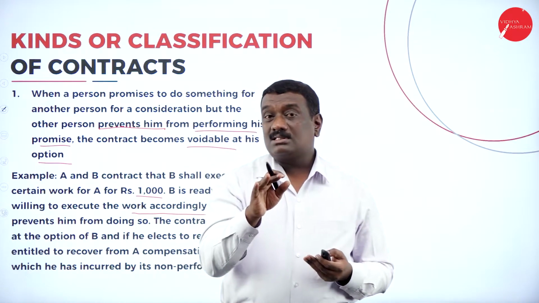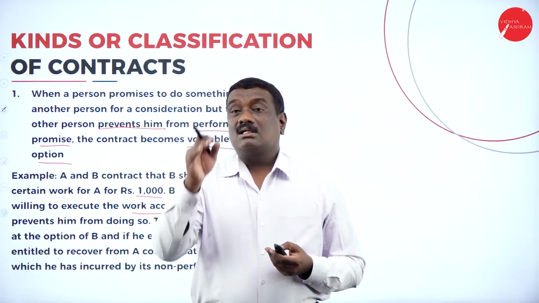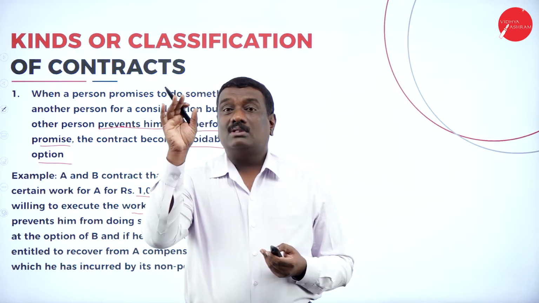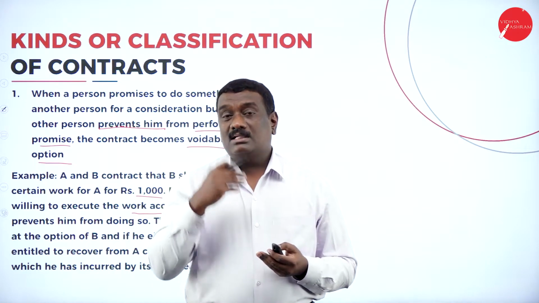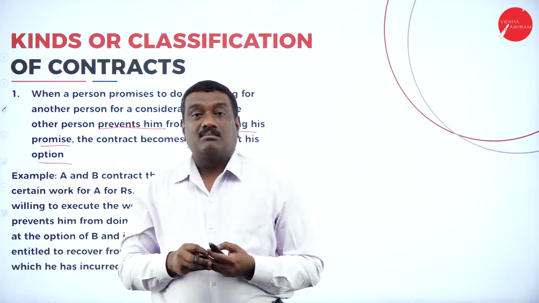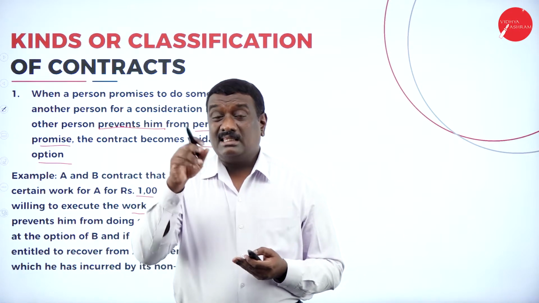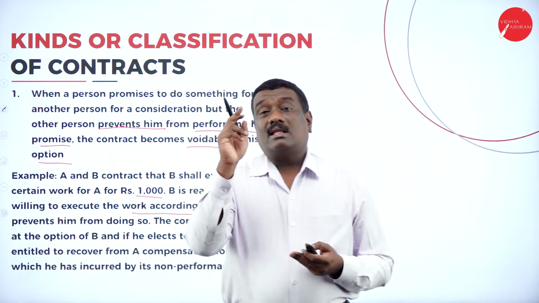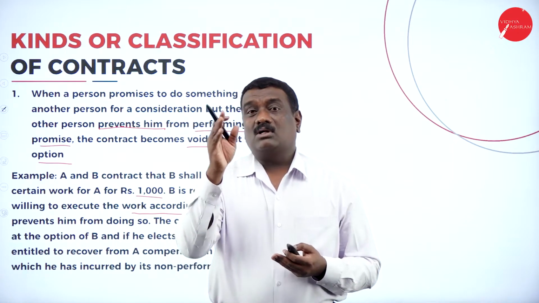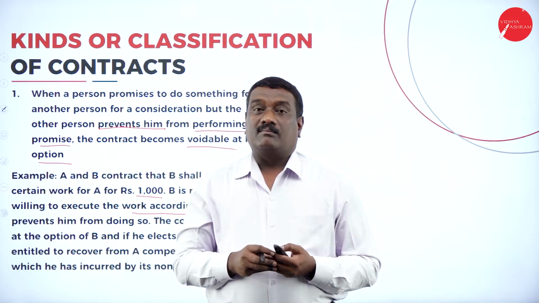In that case, what happens? My contract becomes voidable because I am preventing the other person from doing the work I asked him to do, and from fulfilling his obligation. In that case, he can claim compensation for the loss that has occurred to him.